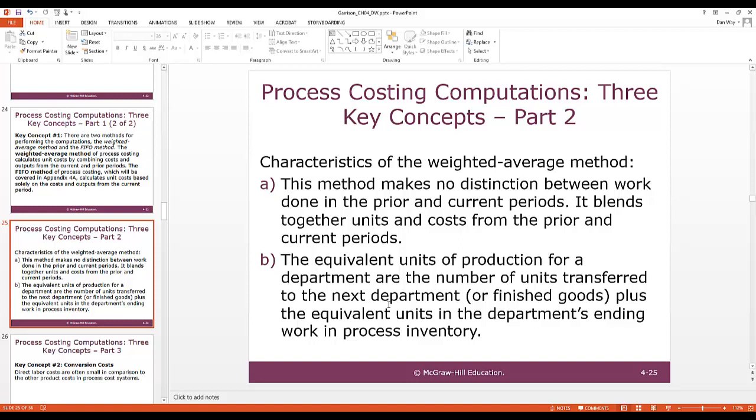Part B, the equivalent units of production are the number of units transferred to the next department or to finished goods. And then we also have to add to that the equivalent units in the department's ending work in process. So we're trying to get an idea with equivalent units of production, how many full units we sort of could have produced in the given period.